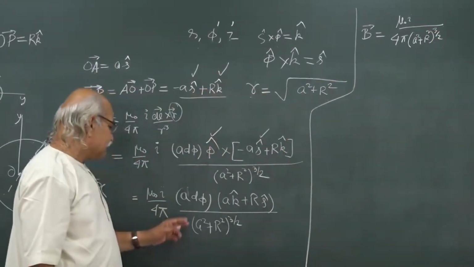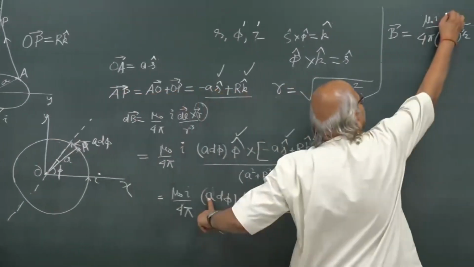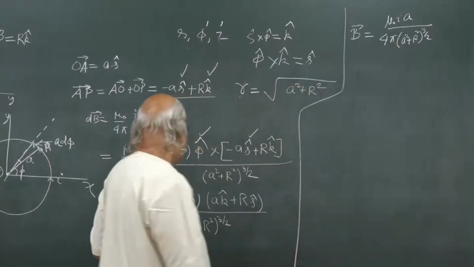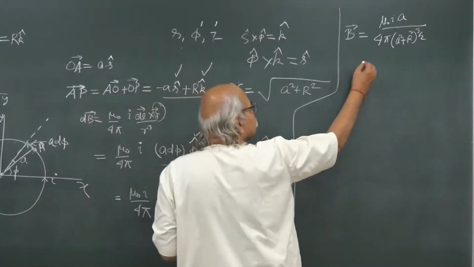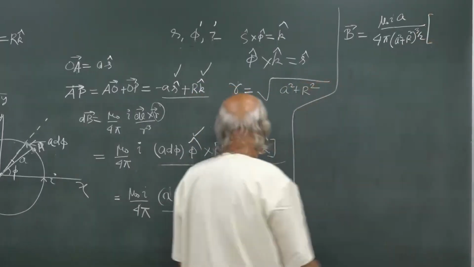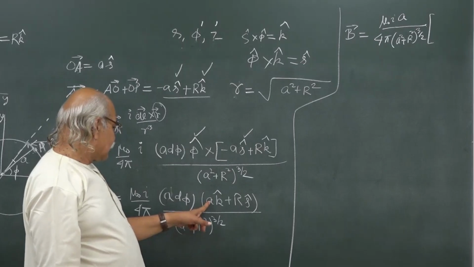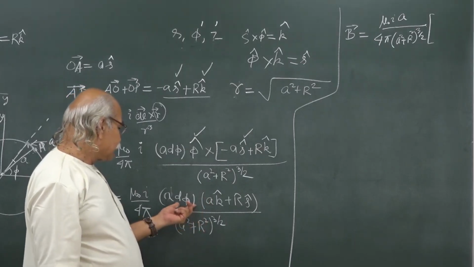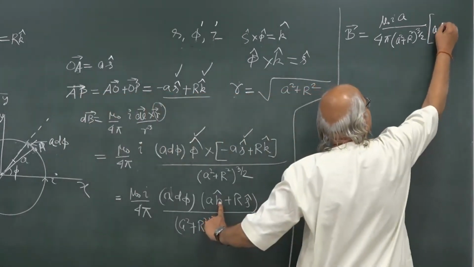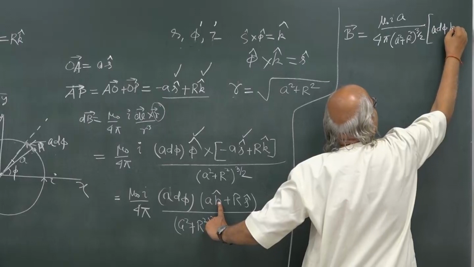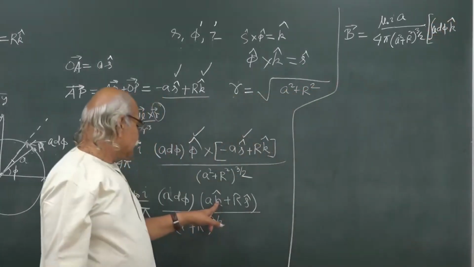Then what is left? This A also, if you wish, you can take it here, and then we have two parts. One part is A d phi k cap, this is to be integrated.